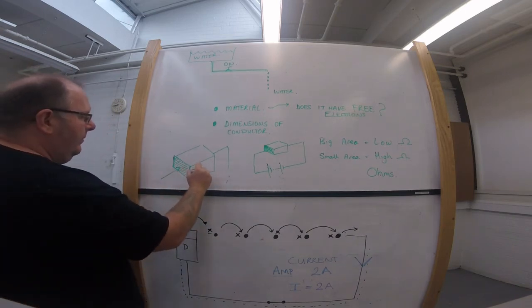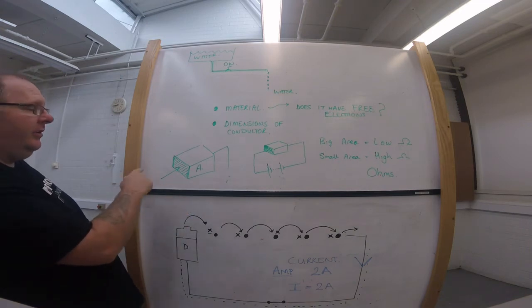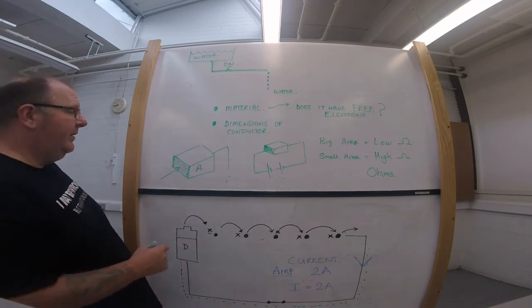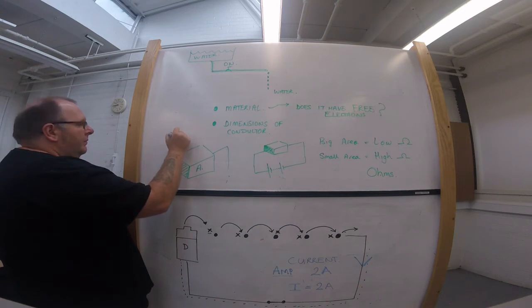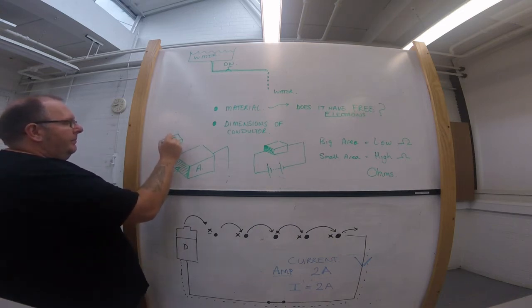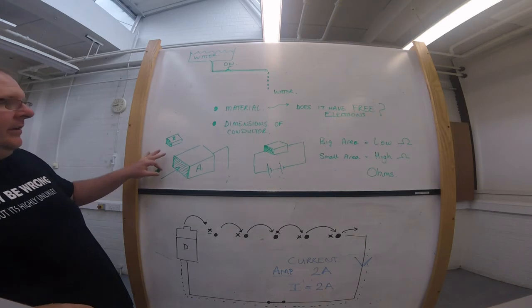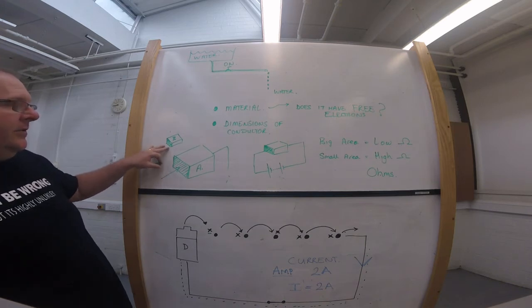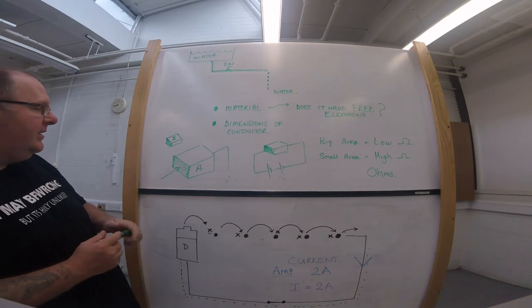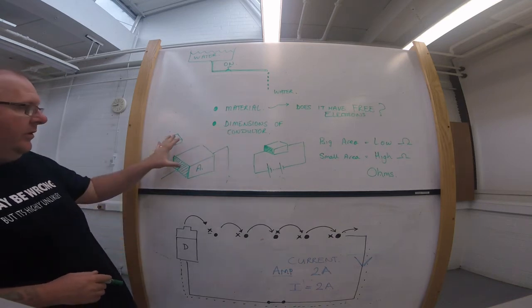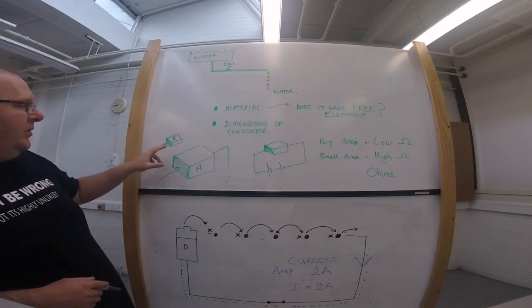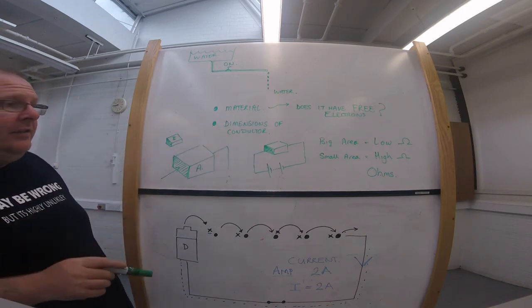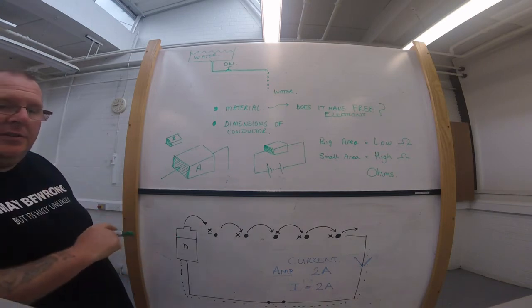We'll call this A. And I'll draw your alternative possibility. Call it B. So have a think. Which one of these two conductive materials, simply because of the size, the dimensions, do you think will have the biggest resistance?